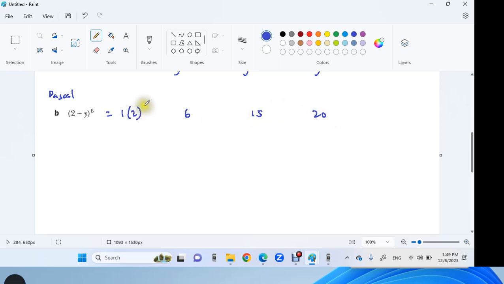So we have the 2 to the power 6, 2 to the power 5, 2 to the power 4, 2 to the power 3, and then we have the negative y to the power 1, negative y to the power 2, and negative y to the power 3.